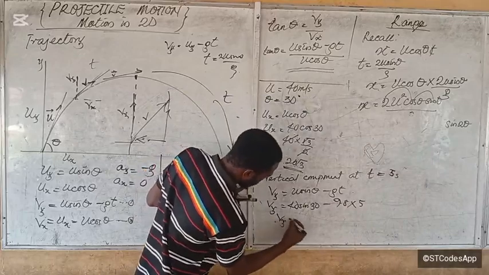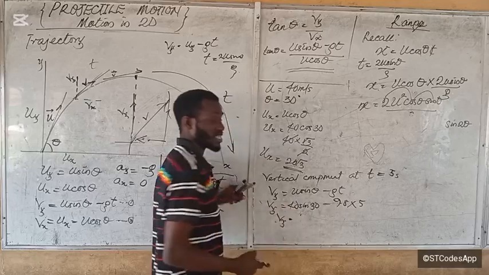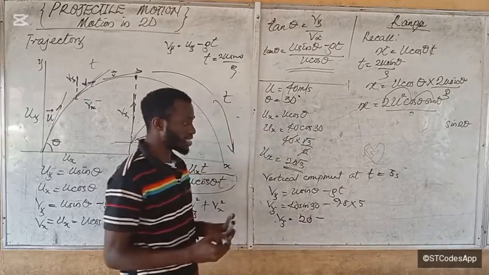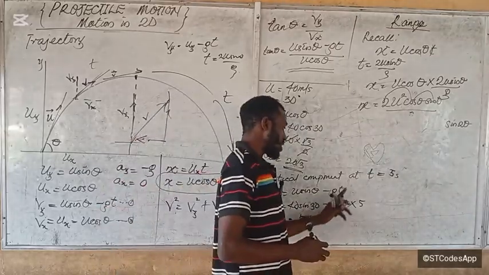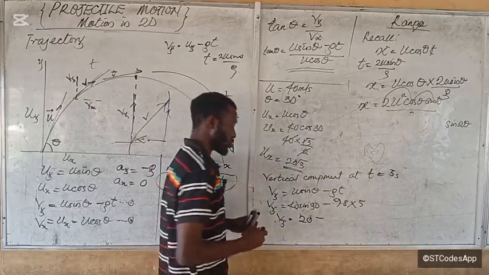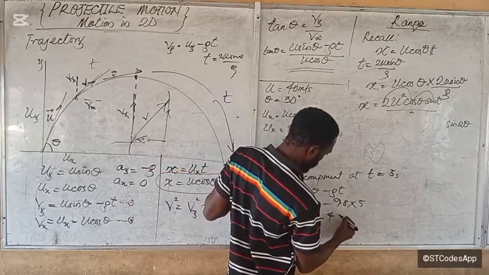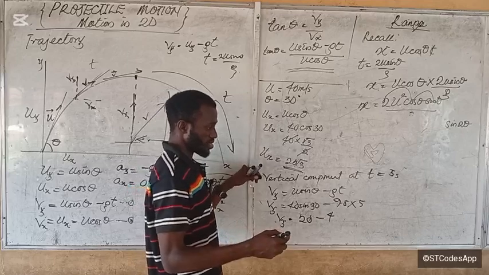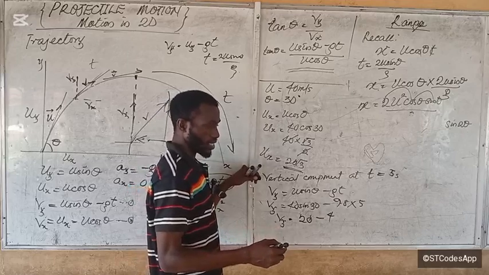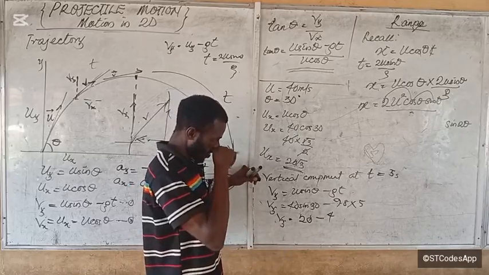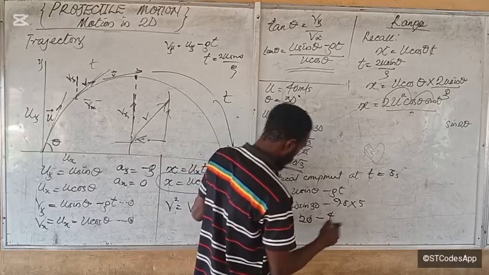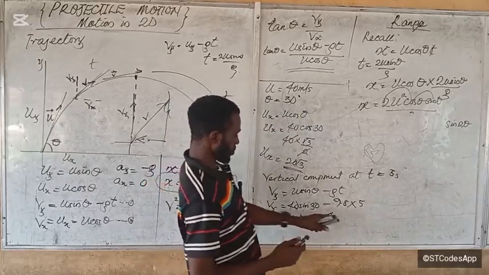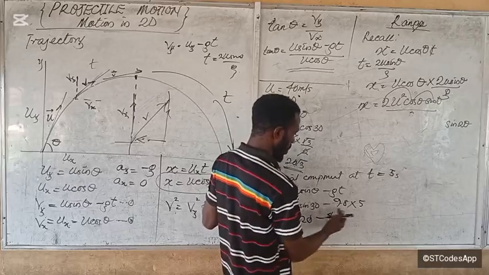So you know that v sub y therefore will be equal to 40 times sine 30. What is sine 30? Half. Half of 40 is 20, minus 9.8 times 5, which is 49.